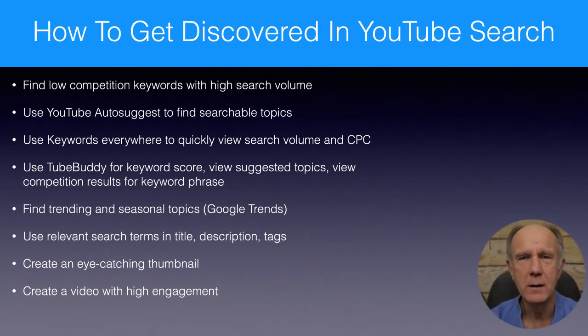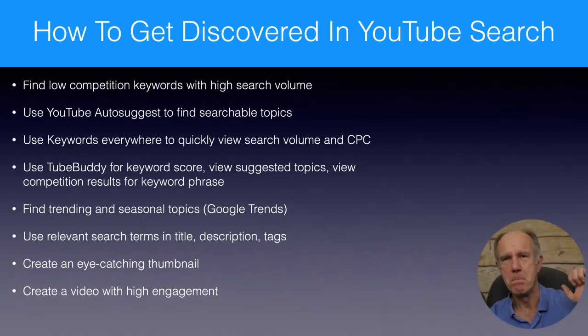Then my secret weapon is probably not so secret now, but TubeBuddy is the Chrome extension I use to get the keyword score, to see the difficulty or how easy it is to rank for that keyword phrase. So you get an excellent score, very good score, or poor score. So you want to aim for excellent or very good is the best.